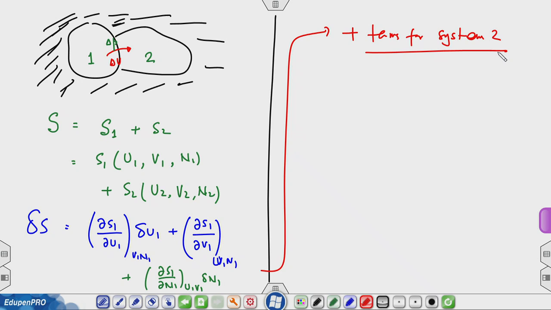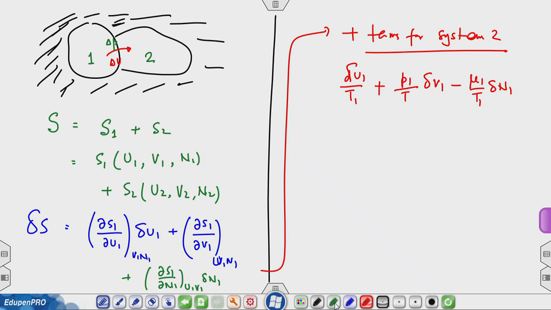Now, dS/dU1 is going to be 1 over T1. This is delta U1. The second term is plus P1 over T1 delta V1. The last term is minus mu1 over T1 delta N1.